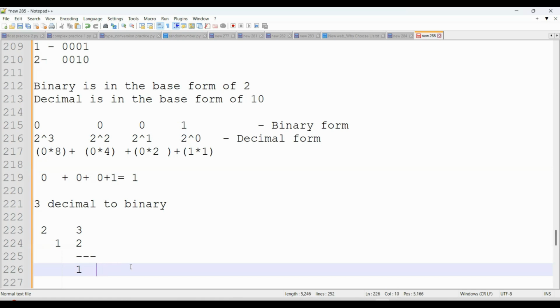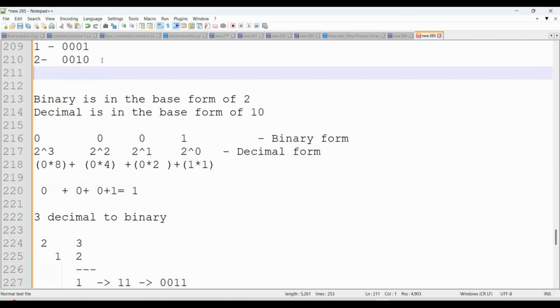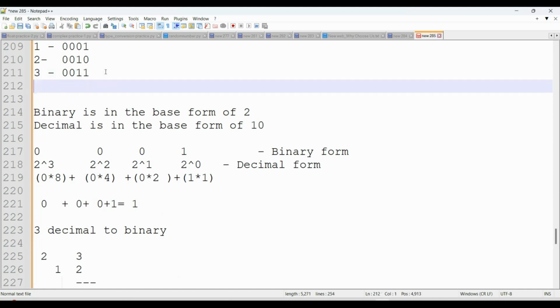Now everything is completed because 1 1 only, we cannot do further conversion. So first we need to take the remainder, then followed by the previous, so 1 1. So this we can also write as 0 0 1 1. So that is equal to 3. So here 3 is 0 0 1 1, like that you can convert.